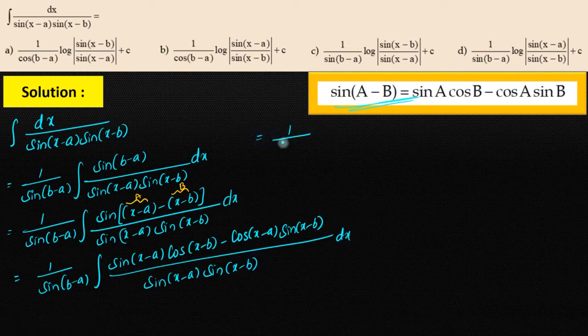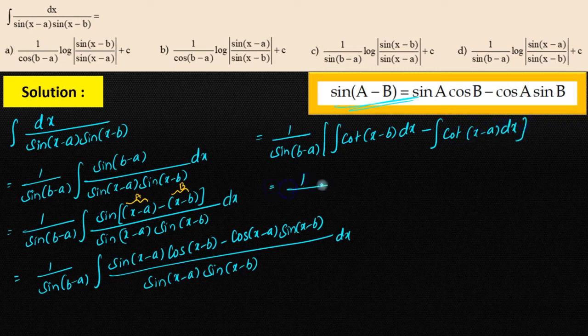That equals 1 by sin(b − a) into, here sin(x − a) and sin(x − a) get cancelled. Cos(x − b) by sin(x − b) gives the integral of cot(x − b) dx, minus the integral, here sin(x − b) and sin(x − b) get cancelled, cos(x − a) by sin(x − a) is cot(x − a) dx.